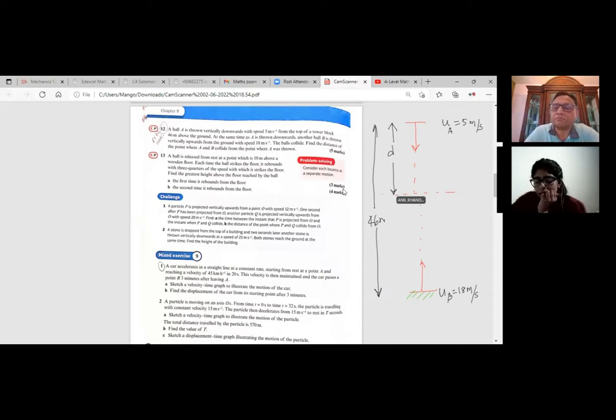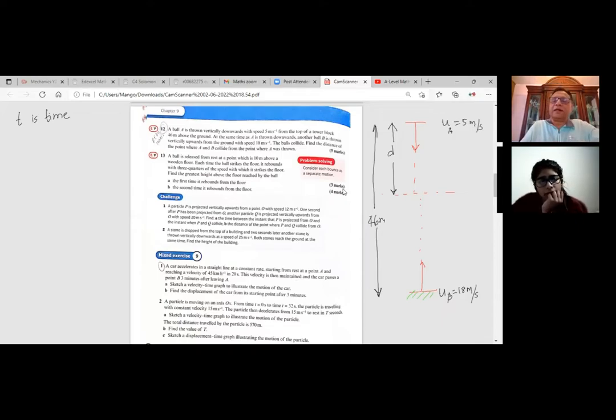Basically, they cover the distance during the same time. Let us say that the time taken is T. We are dealing with both balls, A and B. At the same time, they are colliding at the same height from, let's say, the top or bottom.